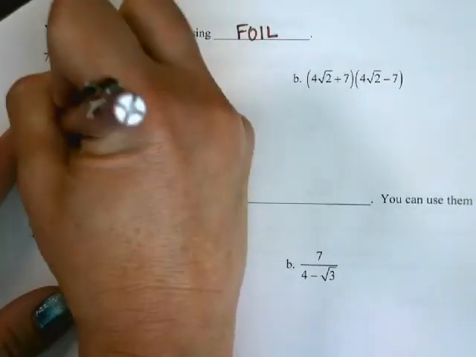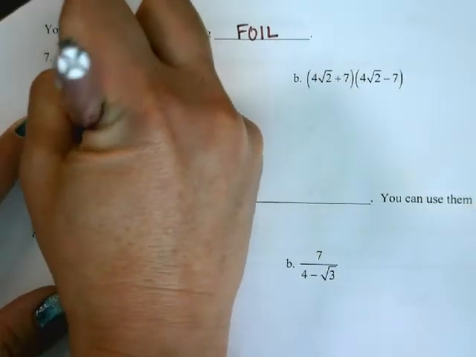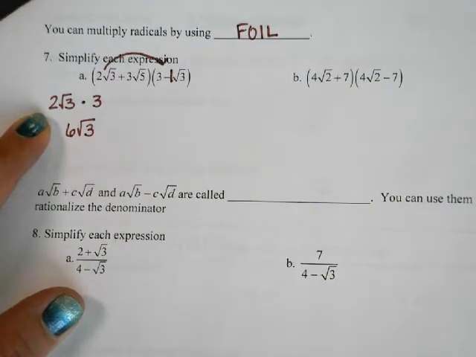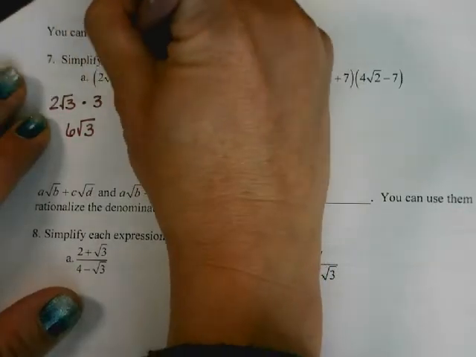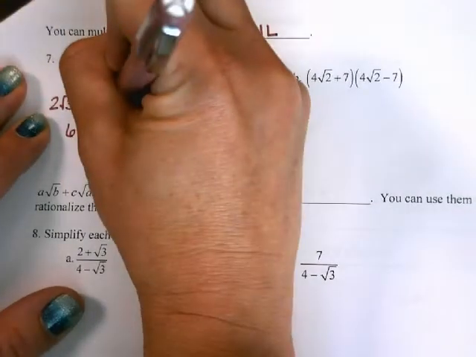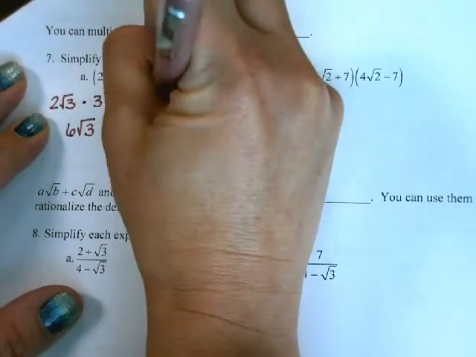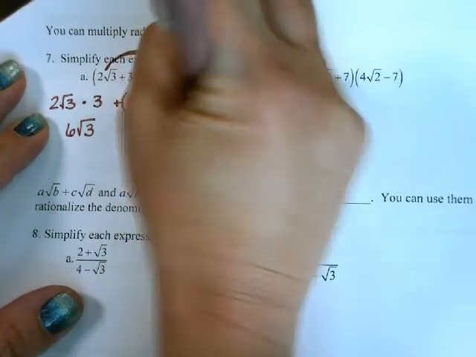So that becomes 6 square roots of 3. Okay, and then I have 2 root 3 times a negative 1 root 3.